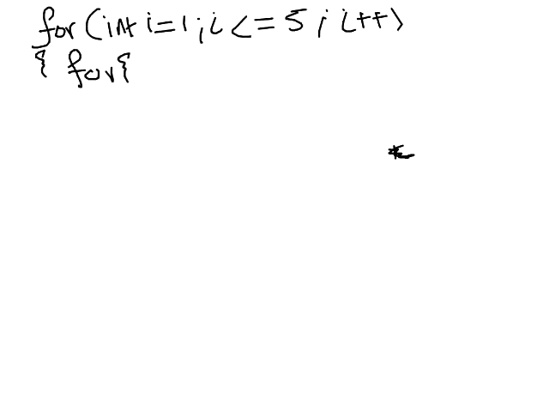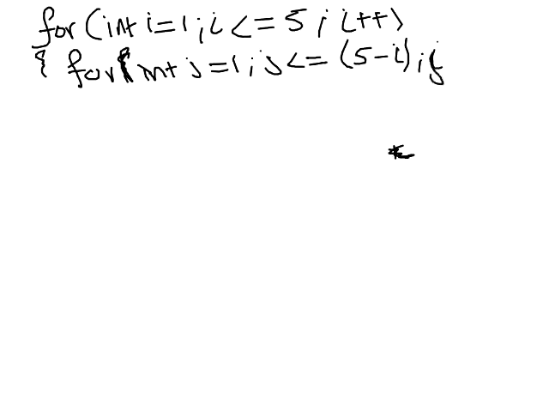In this for, we're going to say int j equals 1, but we want j to be less than or equal to 5 minus i. I'll explain this in a minute. And then we have j plus plus.